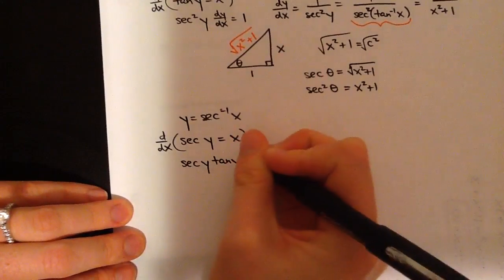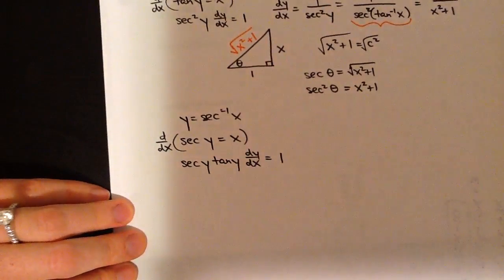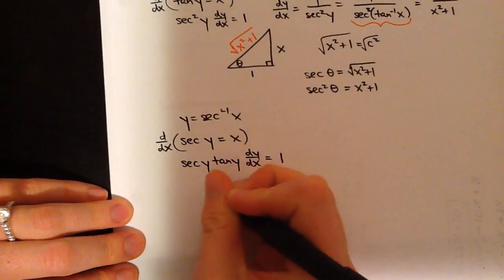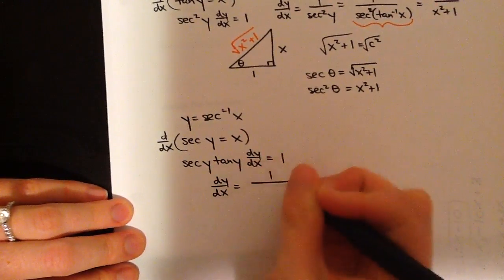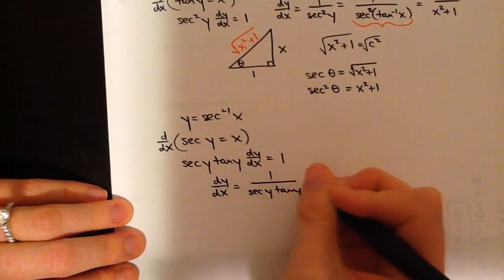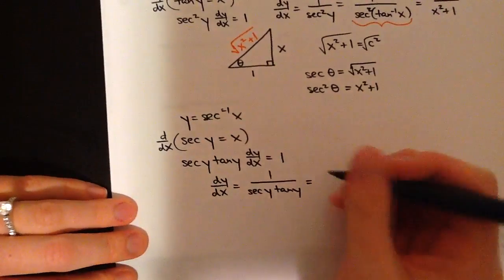So I do secant tangent, but then times dy by dx. And then the derivative of x is just 1. So I divide both sides. So dy by dx is equal to 1 over secant tangent. But then I replace the y with secant inverse of x.